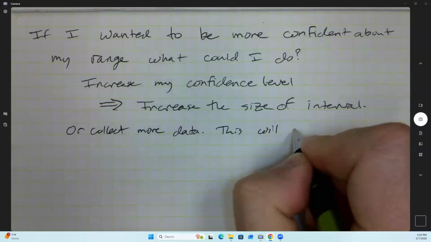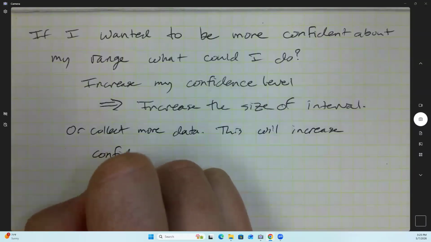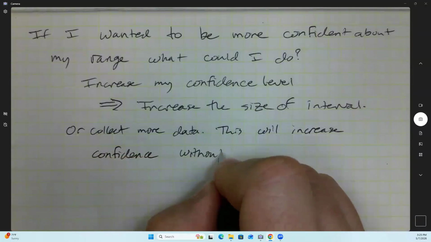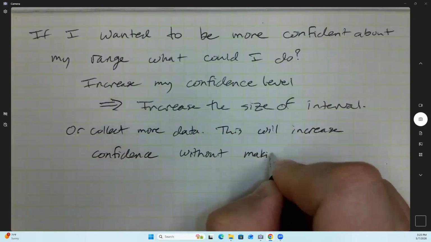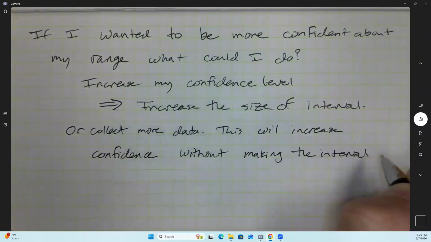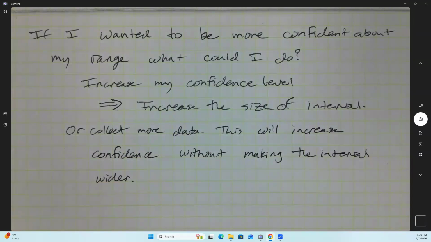This will increase confidence without making the interval wider. Mathematically, that works out. But logically, that should also make sense. If I have more data, I get a more accurate estimate, so I can be more confident in my range.